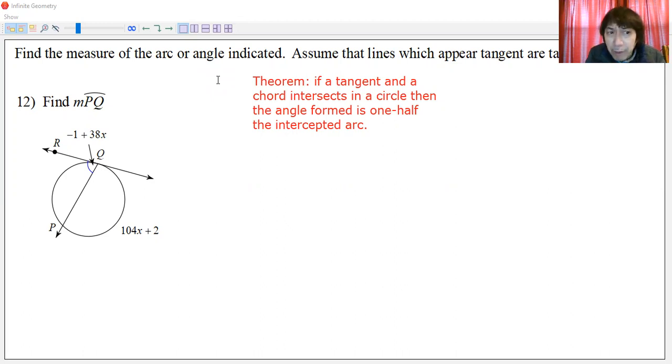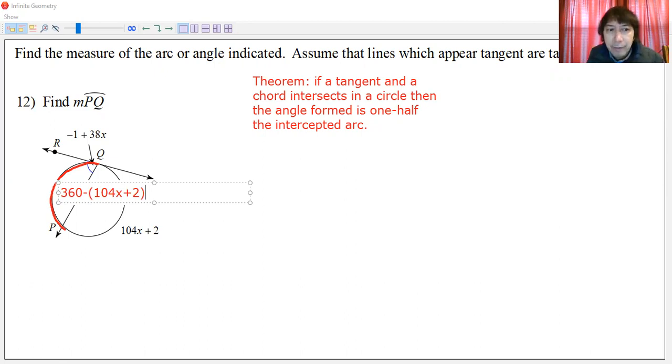Okay, so before we can relate the negative 1 plus 38x, we need to get the expression of this arc there. Okay, that arc I marked red, and that should be related to the 104x plus 2. Okay, and so we shall express this arc that I marked red like 360 minus the 104x plus 2 there.